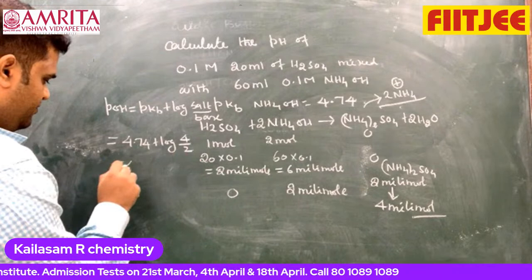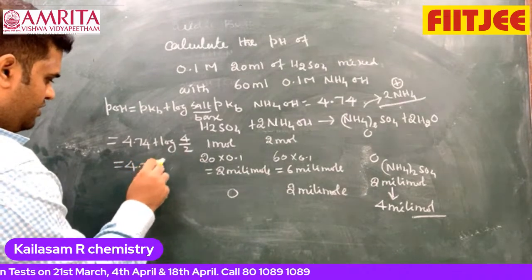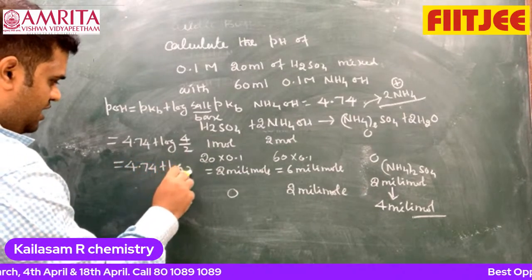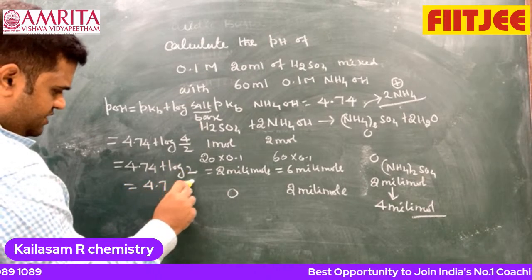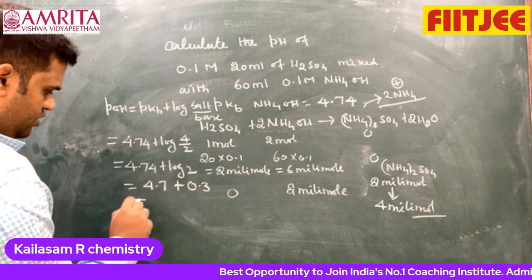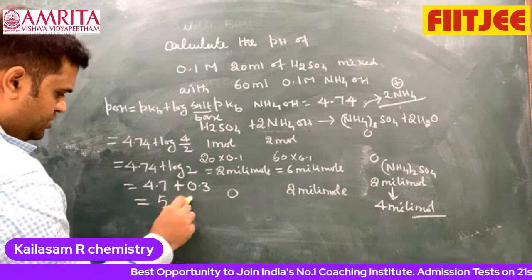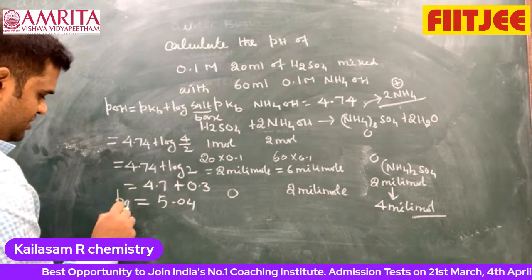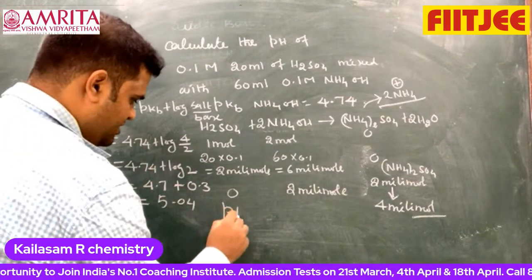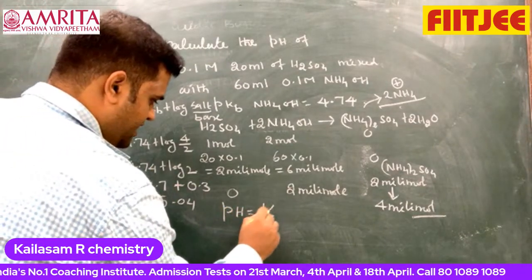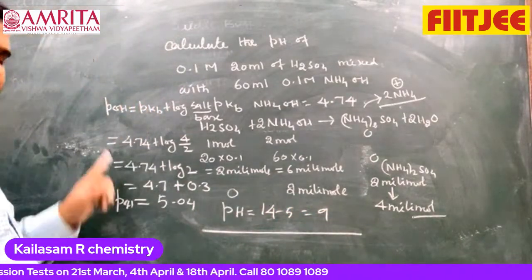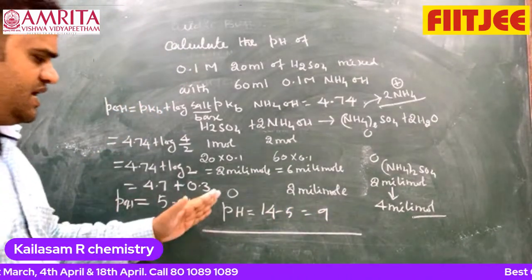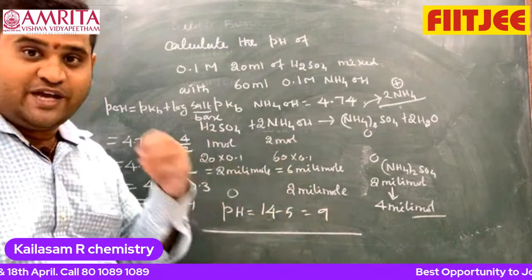I can take it as 4.74 plus log 2. Therefore 4.7 plus 0.3, so approximately I can write 5.04 as pOH. Then pH is approximately 14 minus 5, which is equal to 9. pOH is approximately 5 and pH is 9. This is what you may expect in JEE Mains.